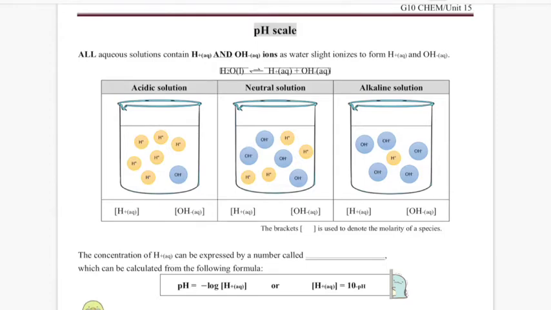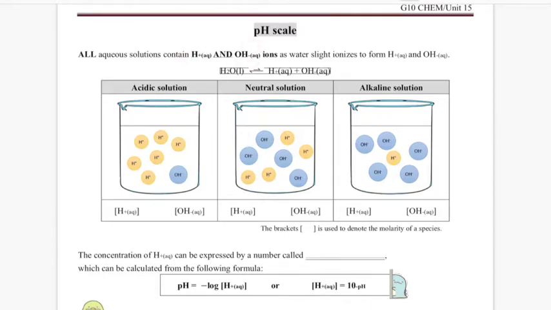Although water is a covalent compound, actually water would ionize and undergo a reversible reaction to release a small amount of H plus hydrogen ion and some hydroxide ion. So all aqueous solution which use water as a solvent would contain hydrogen ion and hydroxide ion.